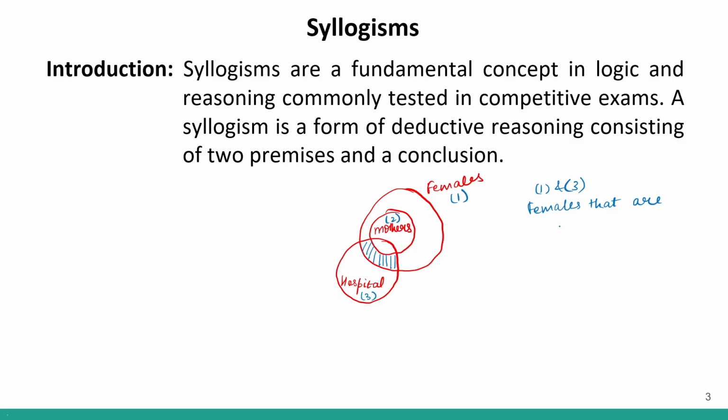Now let us look at this particular one. It is an overlapping of 1, 3 and 2. This basically means females that are mothers and are working in hospital.